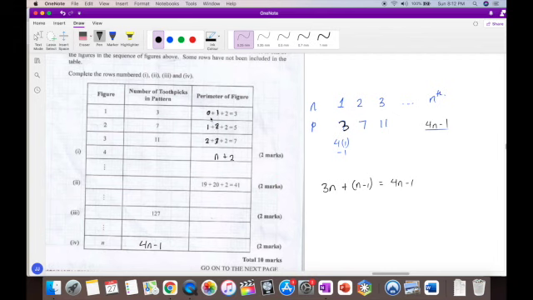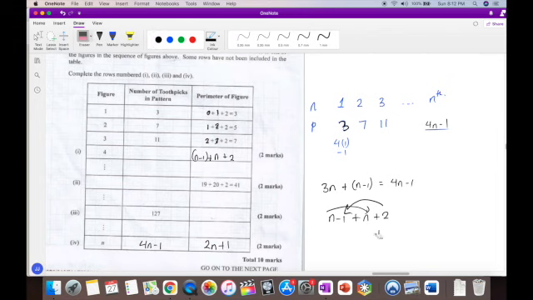Whatever n is, this one is 1 less than n. So on this side I'll have n minus 1. So n minus 1 plus n plus 2. So n plus n is 2n, and 2 minus 1 is 1. So we end up getting 2n plus 1.